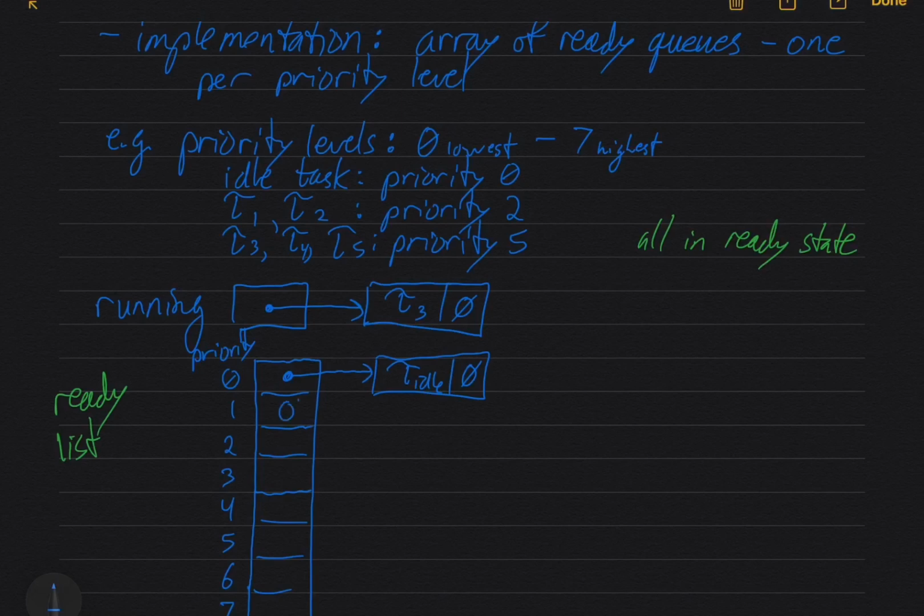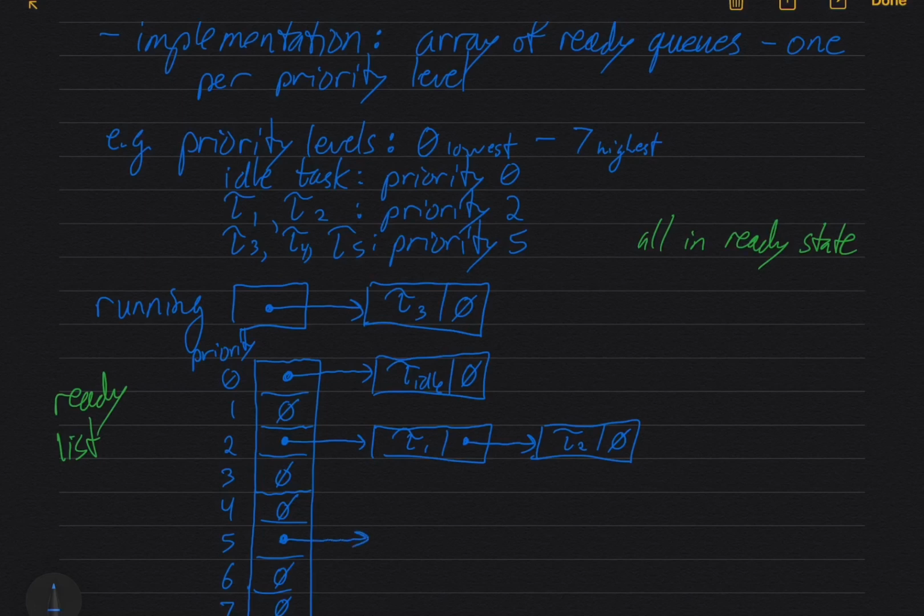Priority 1, there are no tasks in that queue. Priority 2, we have 2 tasks, so task 1 and task 2. And I'm not bothering with tail pointers, but I think you get the idea. And priorities 3, 4, 6, and 7 are empty.